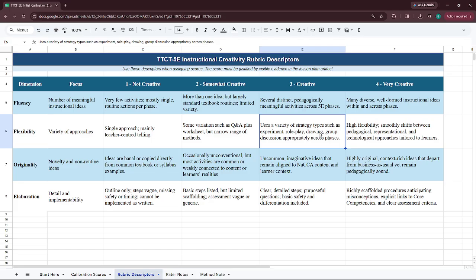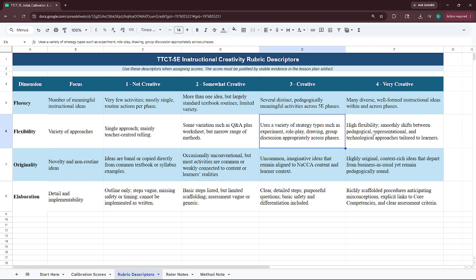So at least in each phase, there were different approaches. Then high flexibility, switch between pedagogical representation, technology approaches tailored to the learners.